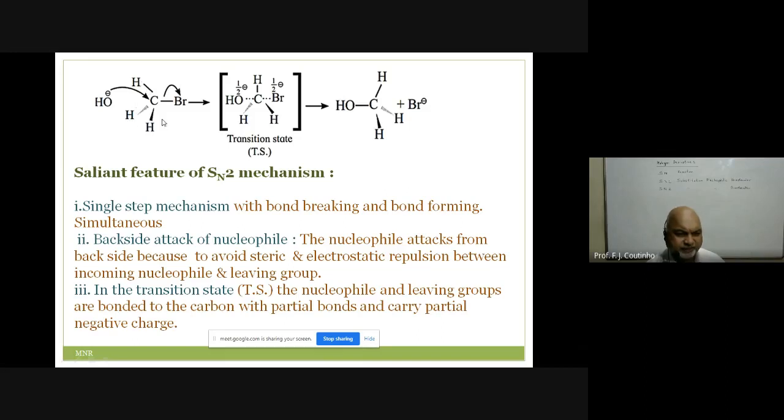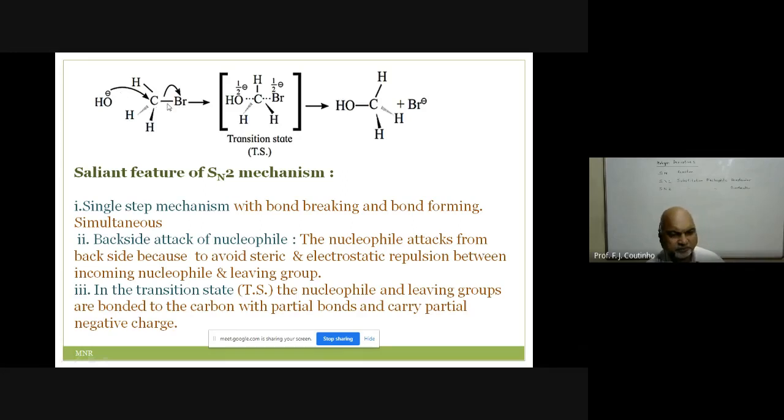So this is methyl bromide, and this bromine has to break from this carbon, has to leave when this OH minus is attacking from the backside. So I would say there's a backside attack on this carbon.